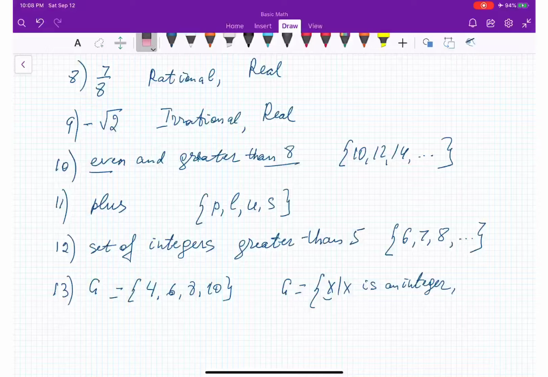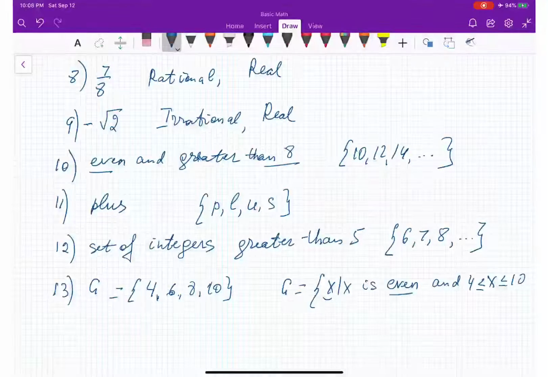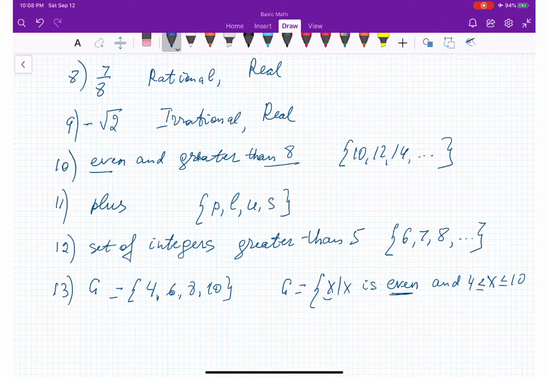Let me put it this way: if I put even, that already means it's an integer that is even. And our x is greater than or equal to 4, less than or equal to 10, yes? But because we mentioned that it's even, starting from 4 we are going to take only even numbers: 4, 6, 8, and 10. Okay.